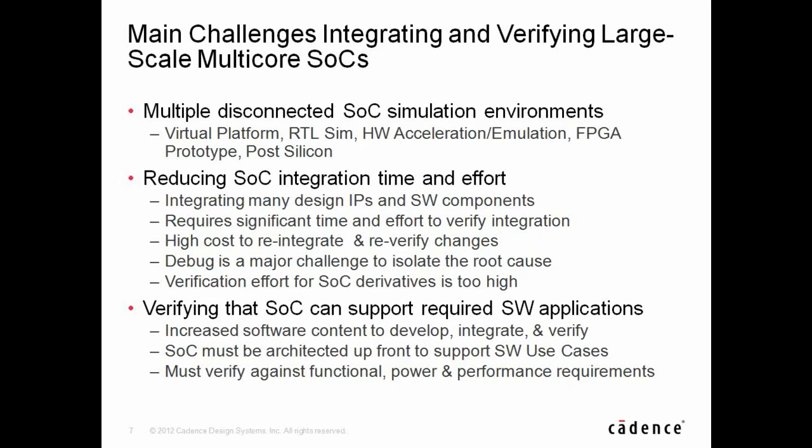What a lot of customers also said to us was the cost of derivatives. A lot of companies make families of products. They don't just make one SoC. They make one, and then they slightly change the implementation: more USB ports, less USB, whatever. They said it costs us almost the same amount in engineering to do the derivative as it did to do the first one.